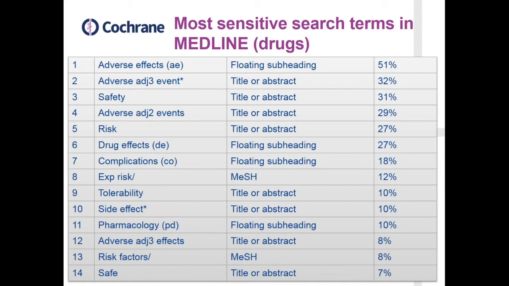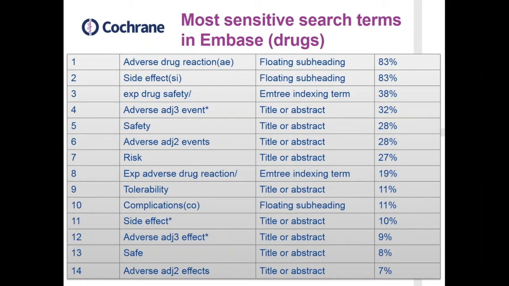You can't just rely on one line, one entry search. Now if we look at Embase, the floating subheadings again performed the best and actually performed better than the subheadings in MEDLINE. Embase tends to index more, so some people accuse Embase of over-indexing, and this might be a contributory factor. But as you can see, again, subheadings performed best.